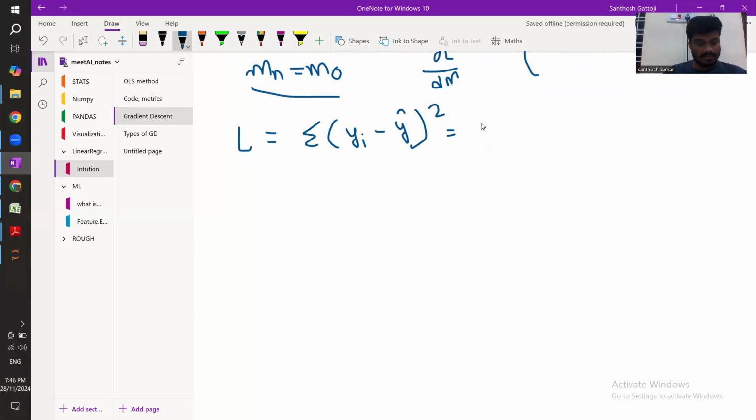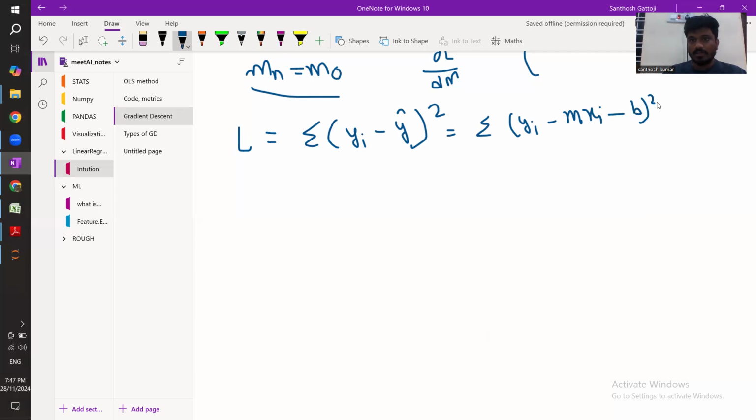I'm just deriving. So this will be the summation of (yi minus the prediction). We get the prediction from the best fit line, and the equation of the line is mx plus b. So replace y hat with mx plus b: summation of (yi minus mxi minus b) whole square.